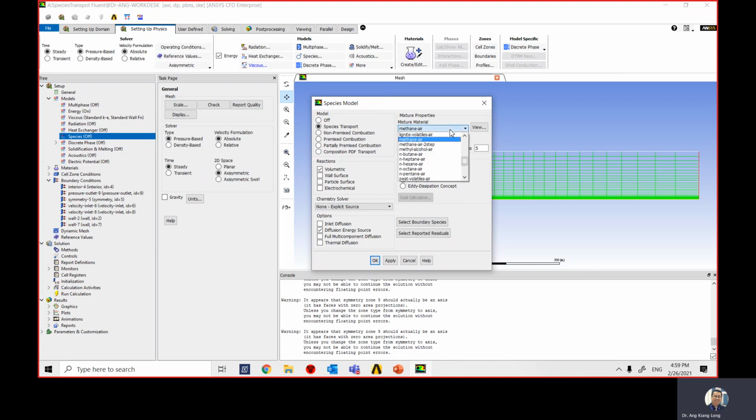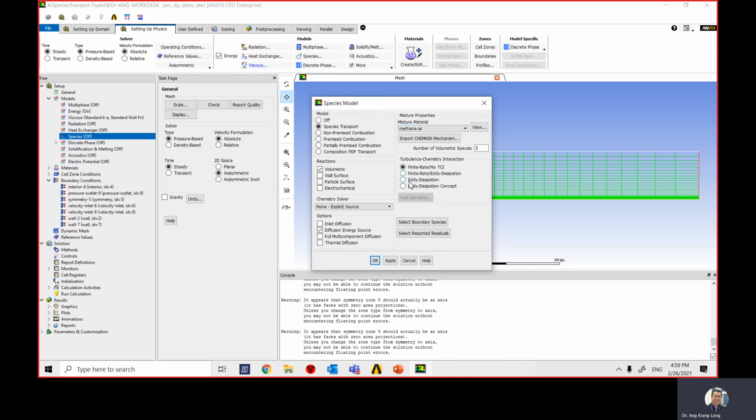Of course, depending on your industry needs or operation, there are some standard libraries here that you can select, either diesel air or gasoline air and so on. So maybe for your assignment, you will change the mixture material here for the combustion investigation. So remember where to find the mixture material. In this case, because our material is only methane and air, we will simulate methane and air.